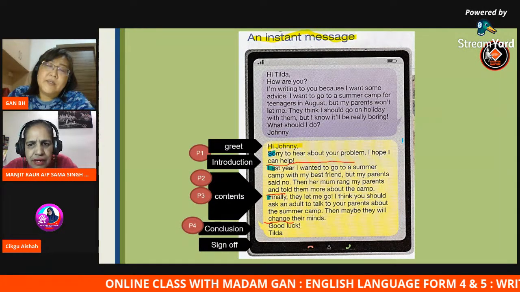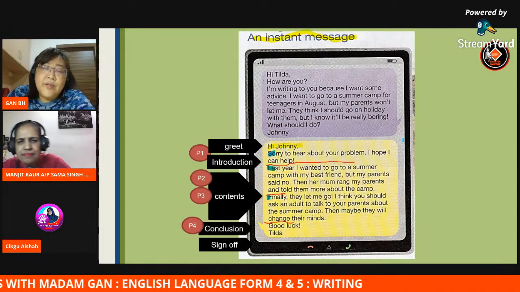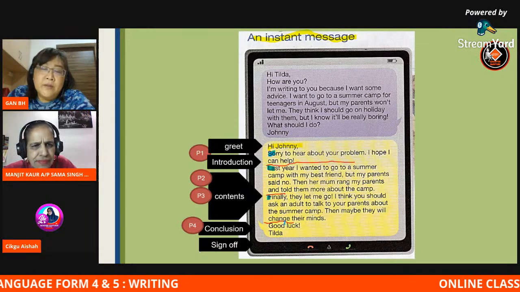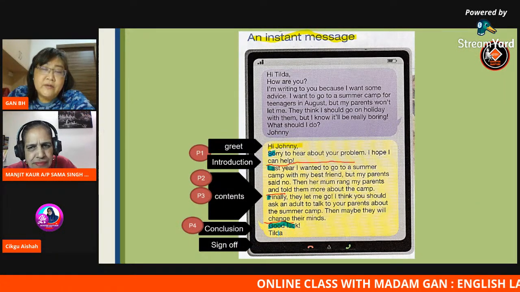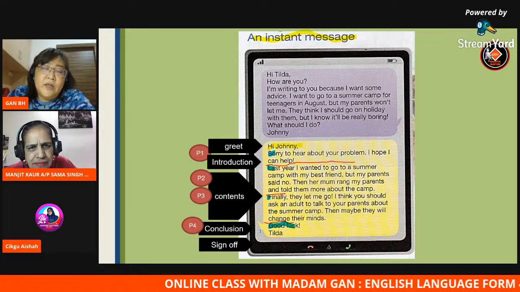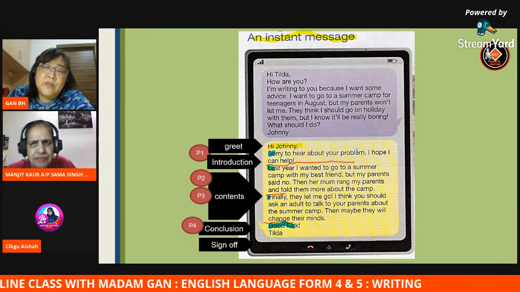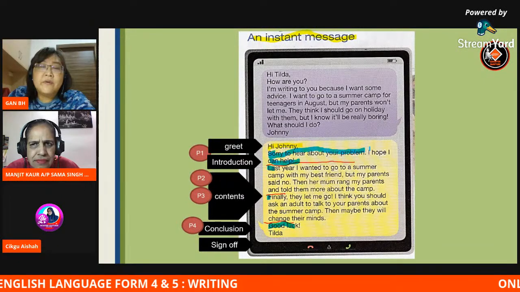Yes, because paragraph 1 is definitely the introduction, paragraph 2 can be the content, and paragraph 3 can be the conclusion. You see here the words good luck, this is the signing off. So it can be a short one. For example, this one, sorry to hear about your problem, I hope I can help you, is already considered the first paragraph.